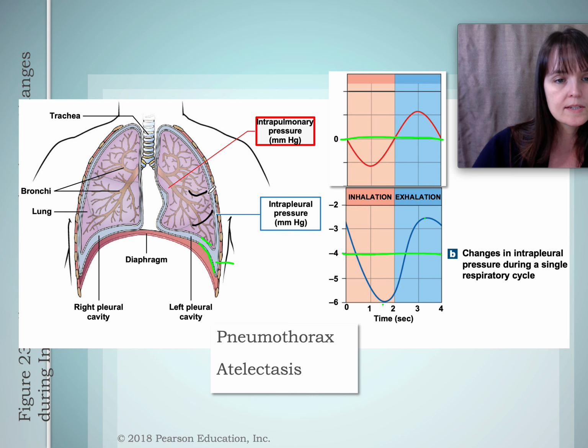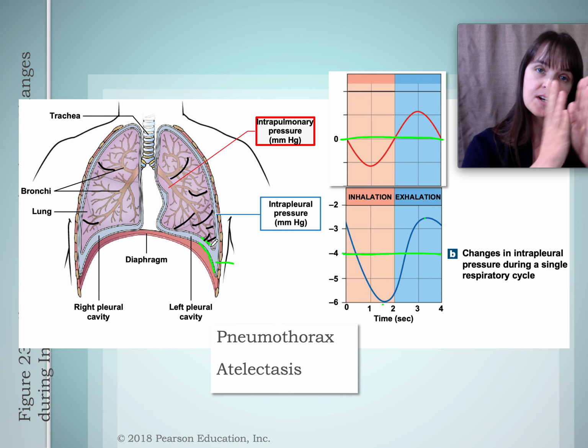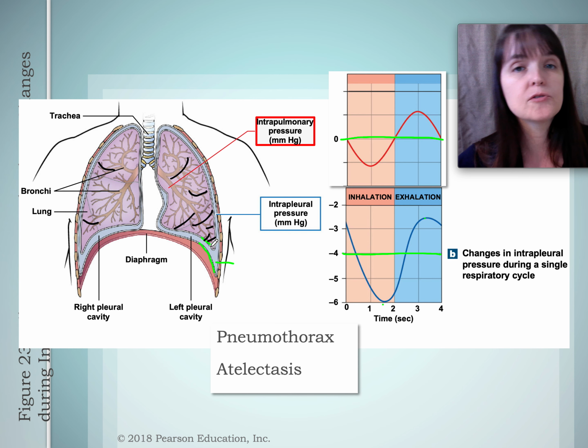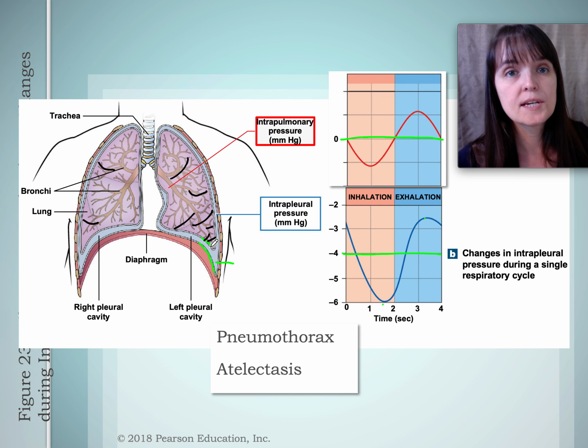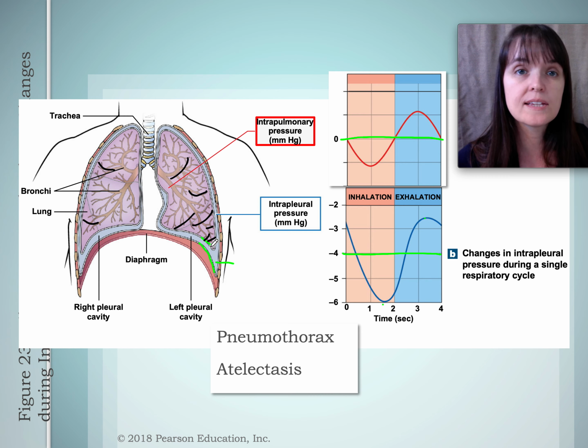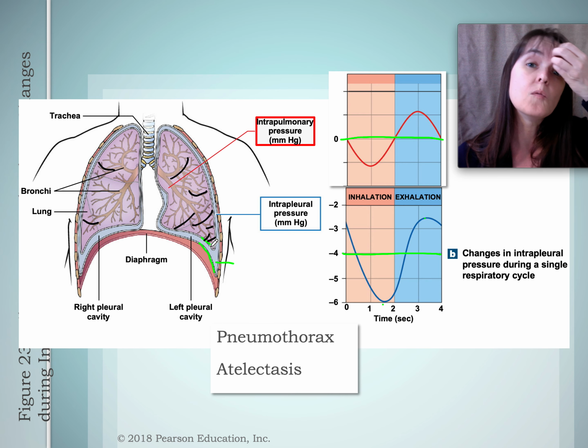So all these elastic fibers, and then they pull. And that constant pull away from the edge causes that negative intrapleural pressure, which keeps your lungs inflated. It keeps your lungs stuck to the inside of the body wall.